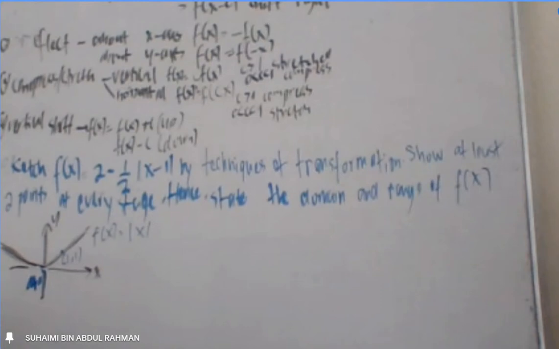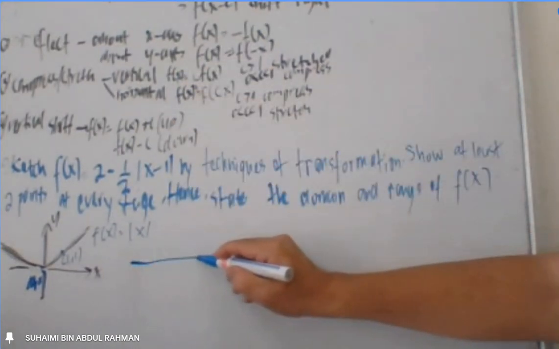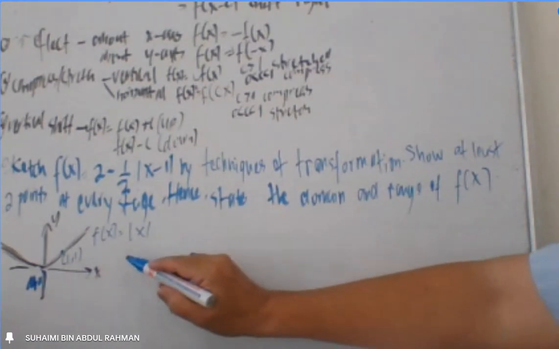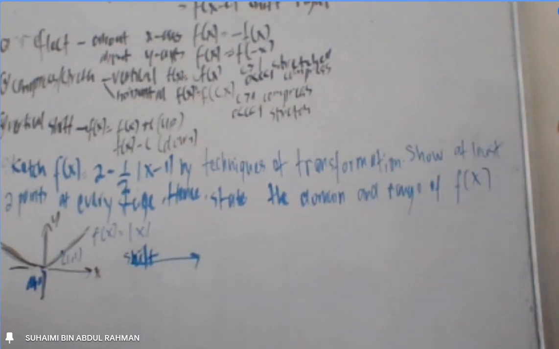So what can we say? Horizontal shift is involved. Shift to where? Minus 1? It only goes either right or left, not shift to -1.